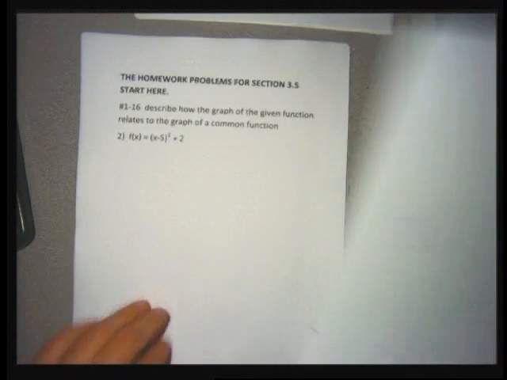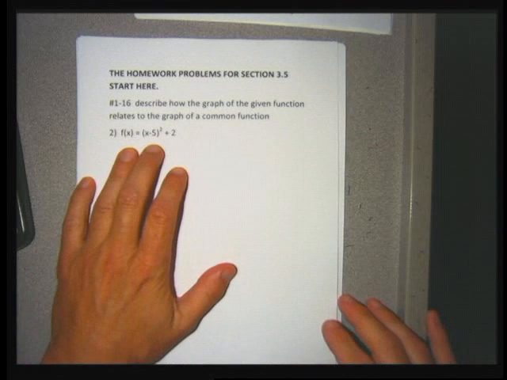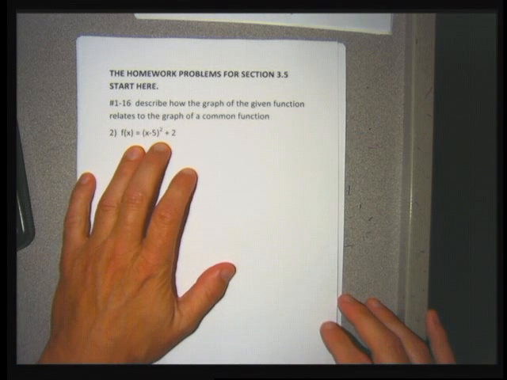So what we're going to need to be able to do is to use all these rules combined together to discuss how graphs move without actually graphing. So problem 2 says describe how the graph of this function would compare to the graph of a common function.